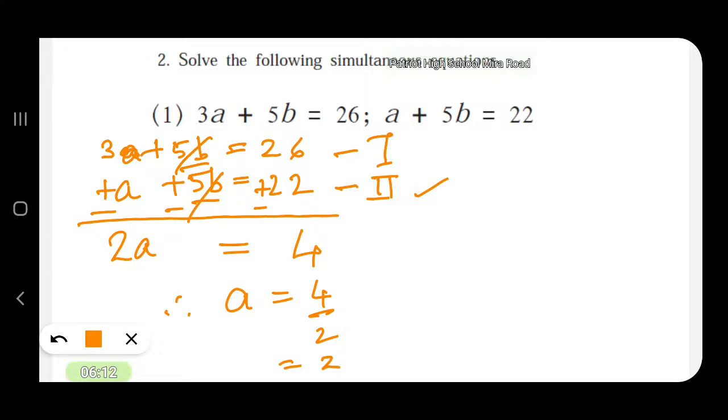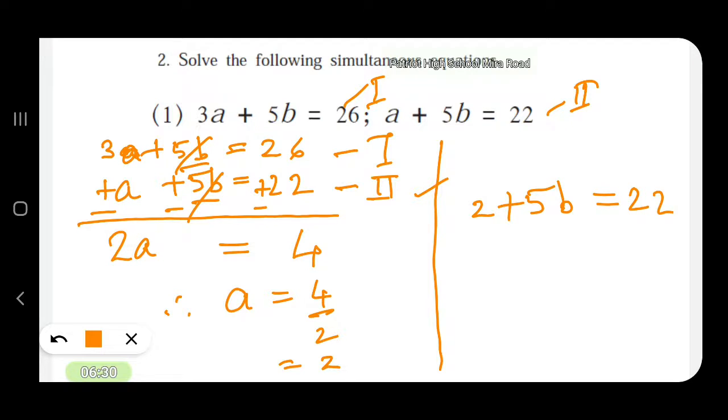Now substituting the value of a in equation 2, this is equation number 2, this is equation number 1. So we have 2 plus 5b is equal to 22. Subtracting 2 from each side we get, therefore 5b is equal to 22 minus 2, which is equal to 20.